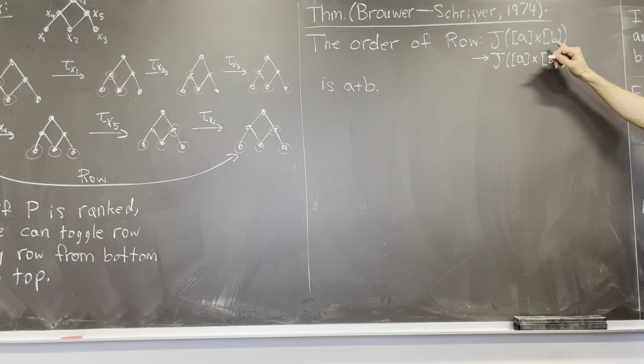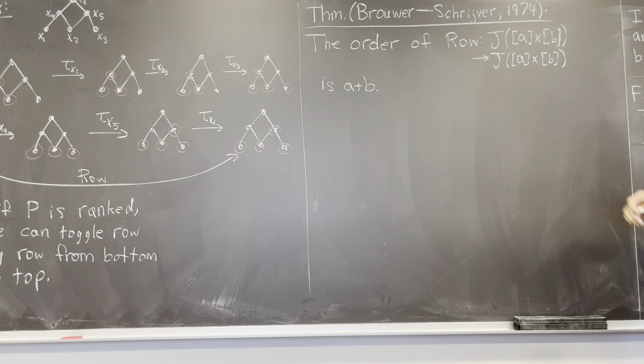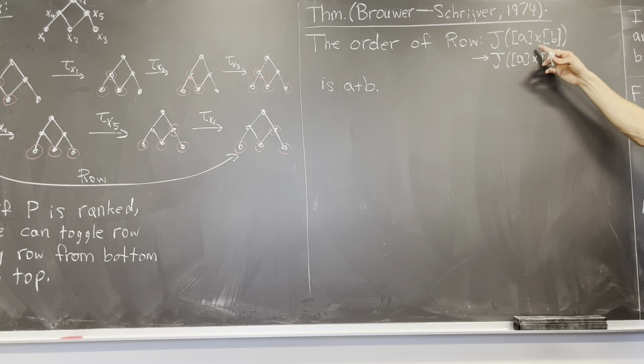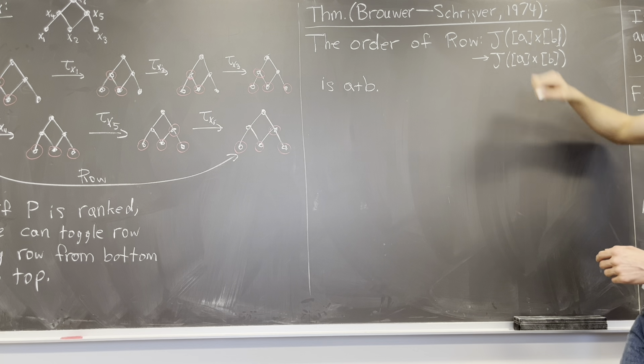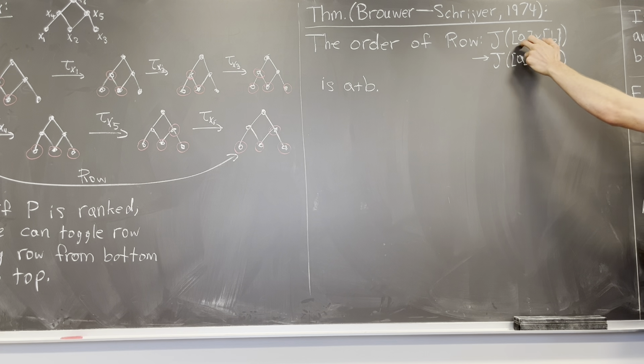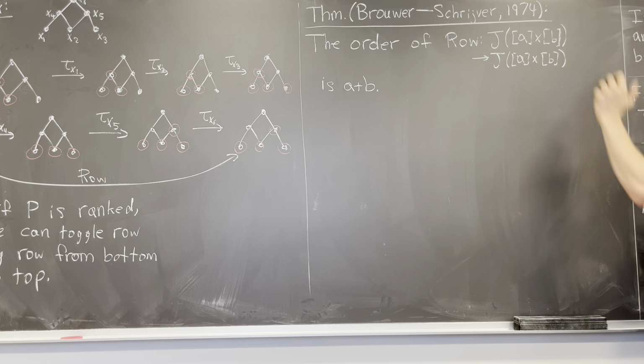And similarly, bracket B I can think of as a B element chain. And then this is the product, which is what I defined last time. The set of elements is just ordered pairs, where the first thing in the pair is from this chain and the second thing is from that chain. And then the order relation is that (u, v) is less than or equal to (u prime, v prime) if u is less than or equal to u prime in this chain and v is less than or equal to v prime in this chain.